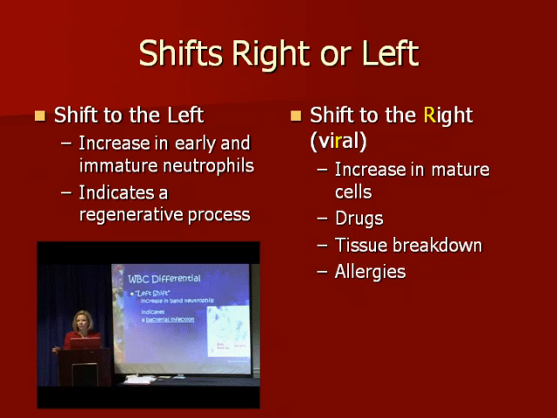And so they found out that neutrophils was on the left side of the paper. So when people are talking about any illness, they're talking about, is it bacterial that they treat with an antibiotic, or is it viral? And when they talk about shift to the right, it usually is influenced by a virus, and shift to the left is influenced by a bacterial problem.